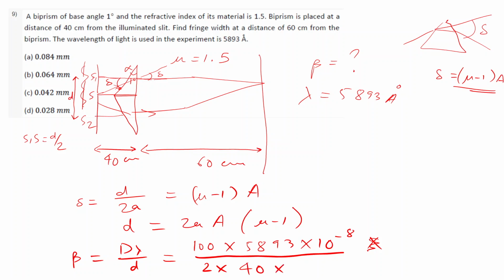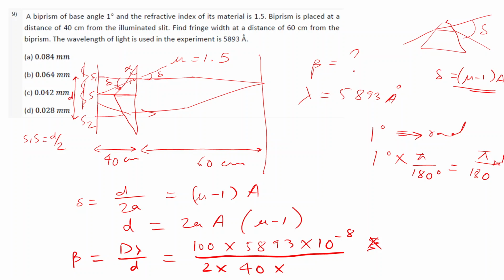The angle of prism is 1 degree. When I convert 1 degree into radians, it will be 1 degree multiplied by pi by 180 degree. That means it will be pi over 180 in radians.